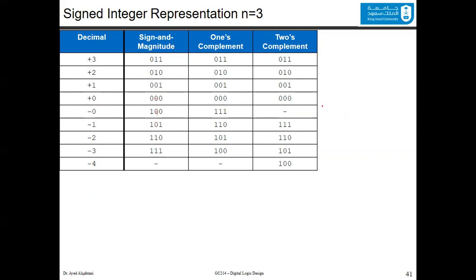Now, for the ones complement, what happens if you flip all the bits? You have +3. If you want to get -3, you flip everything. If you have 0, you would generate, unfortunately, a -0 by flipping all the bits also.